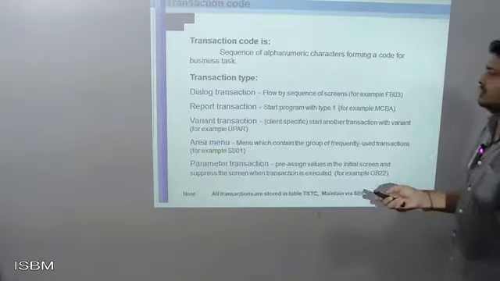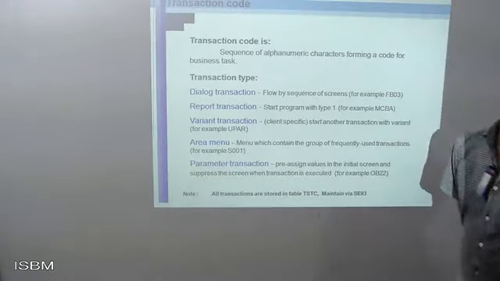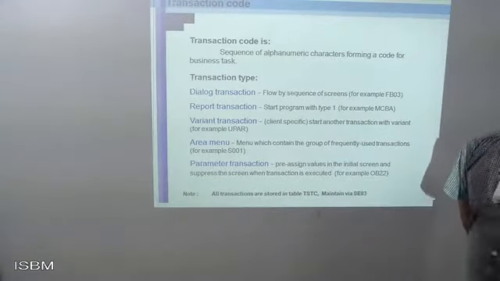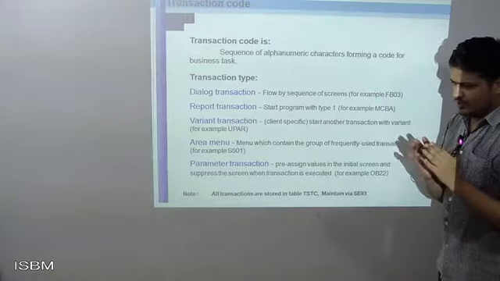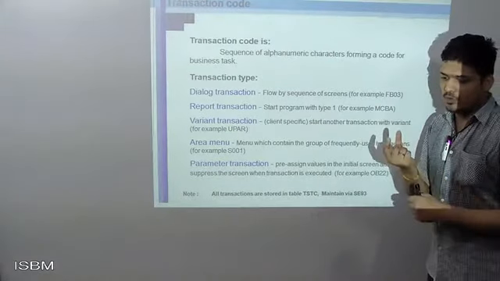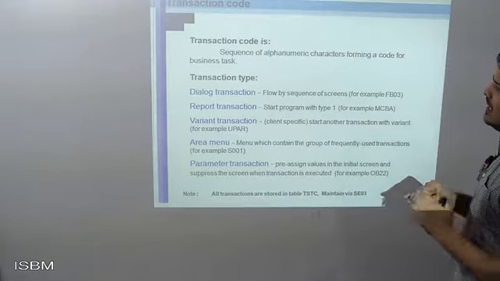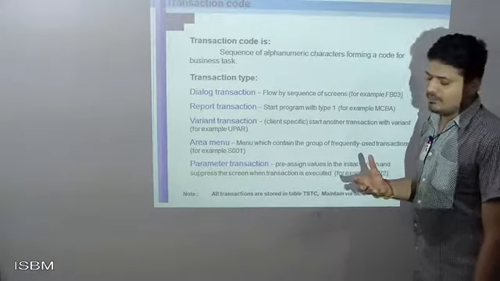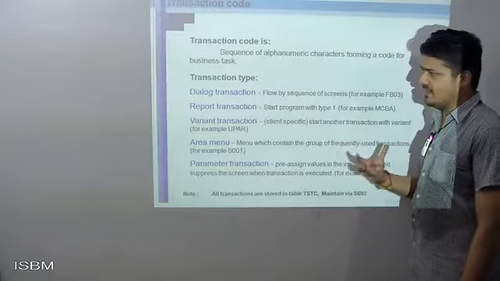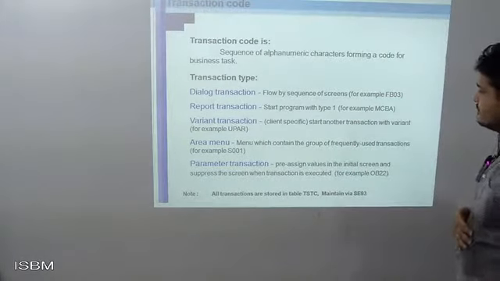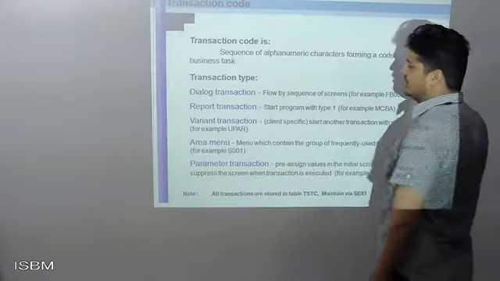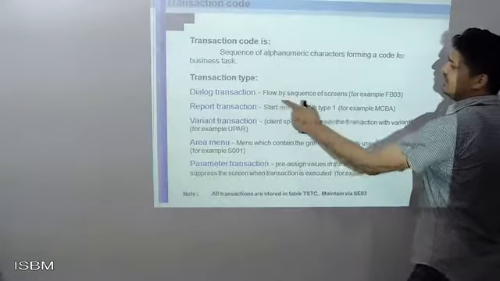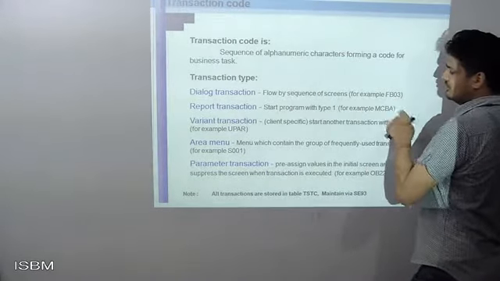Next, transaction codes. Let's see what exactly a transaction code is. A transaction code is a 2 to 5 character alphanumeric code, and with its help you can reach any particular area in SAP. Just like in the dialog transaction, the flow of sequence of screens, FB03.